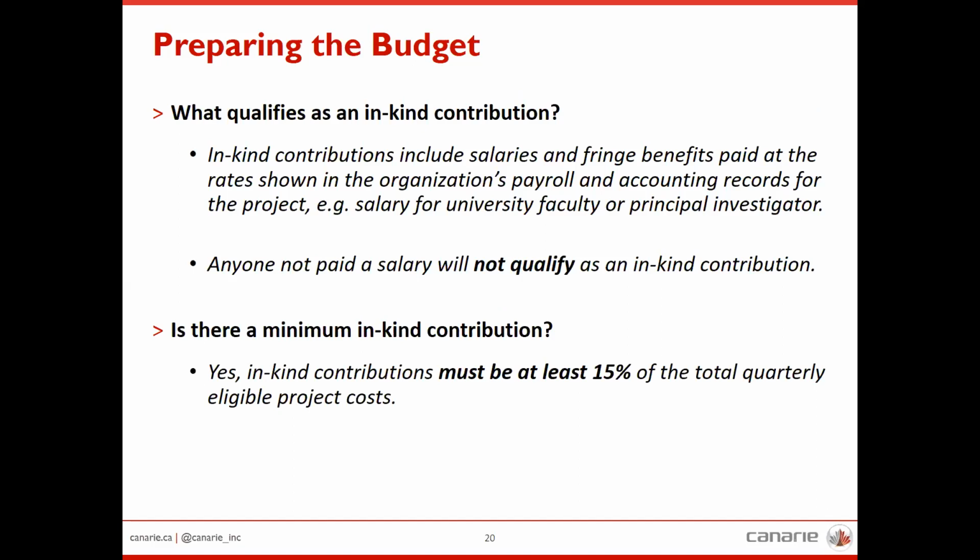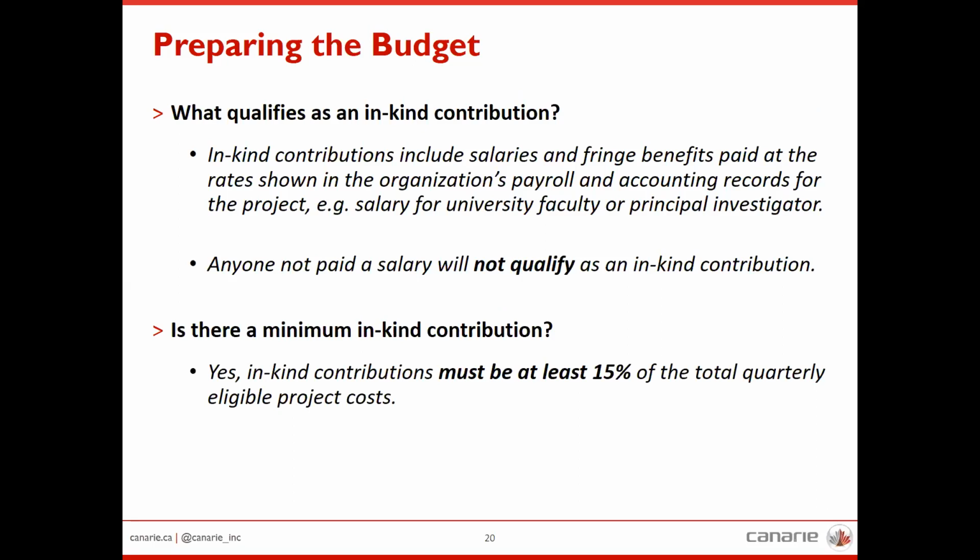What qualifies as in-kind contributions? In-kind contributions include salaries and fringe benefits that are paid at the rate that corresponds to your payroll records. For example, generally what we'll see here is salary for the university faculty or your principal investigator, your PI.